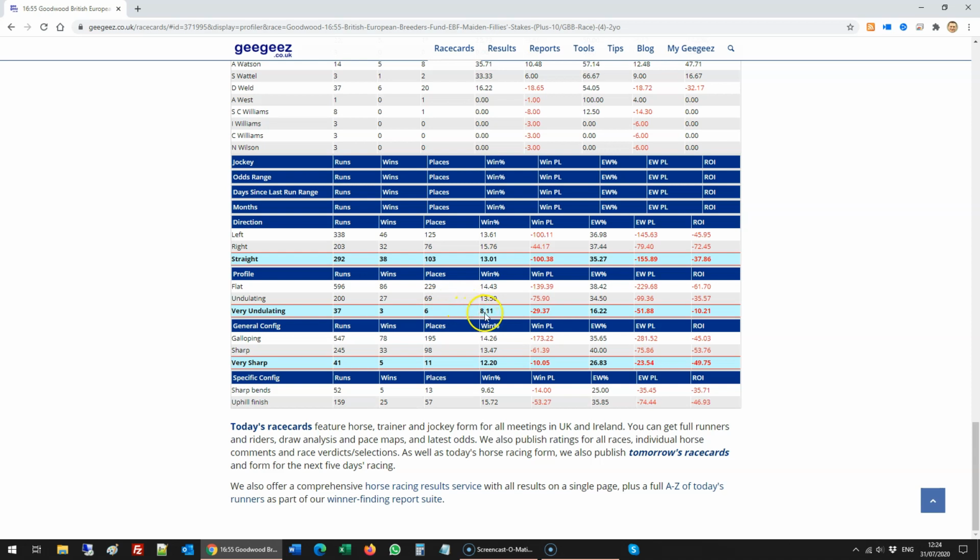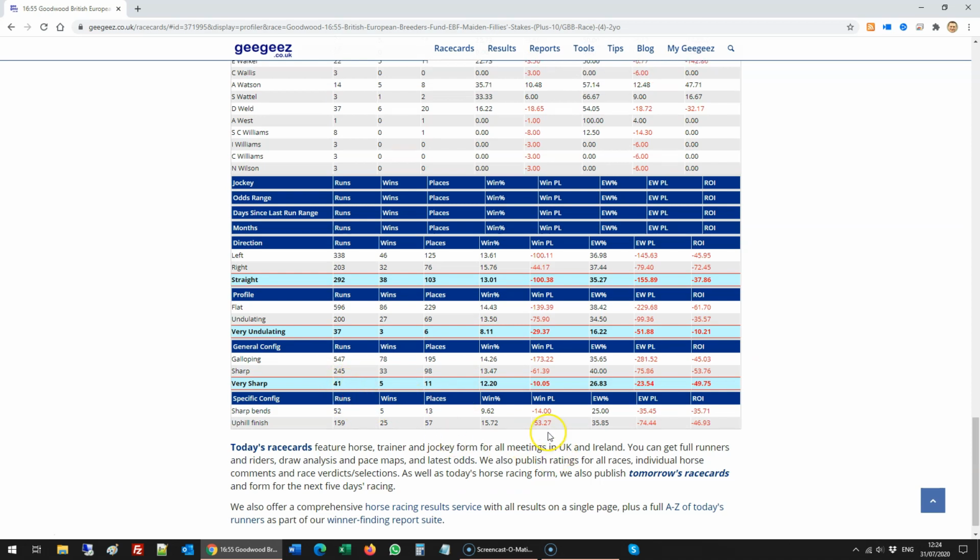I wouldn't be hanging my hat on that stat, but performance is notably below the other profiles, and very sharp tracks likewise are a little bit below, but again, small sample, and one winner, and this figure would be in there. So again, you've got to be careful with sample size.